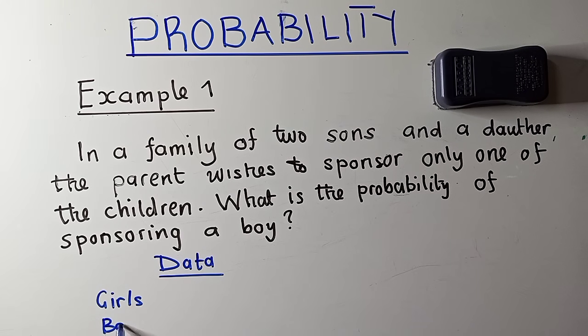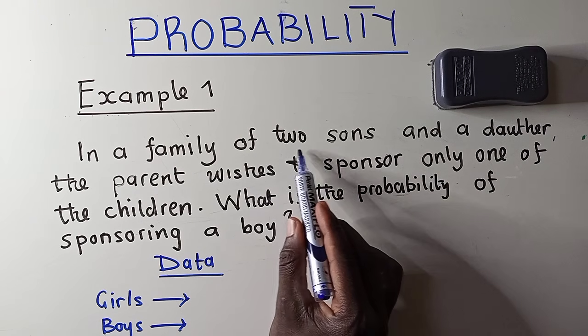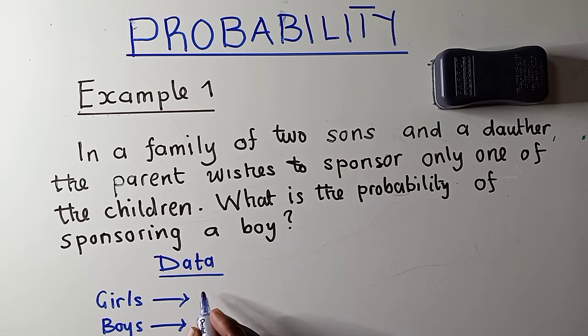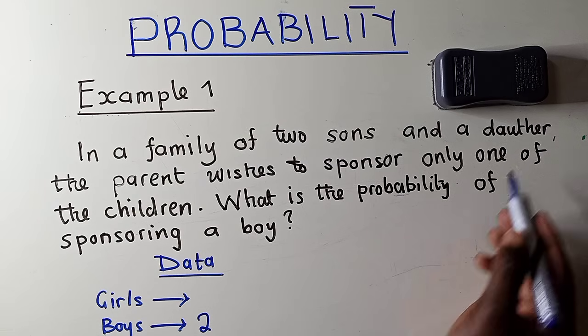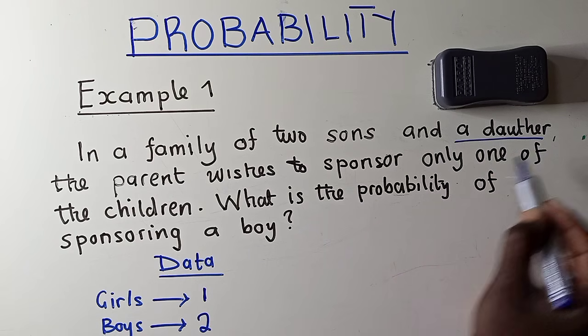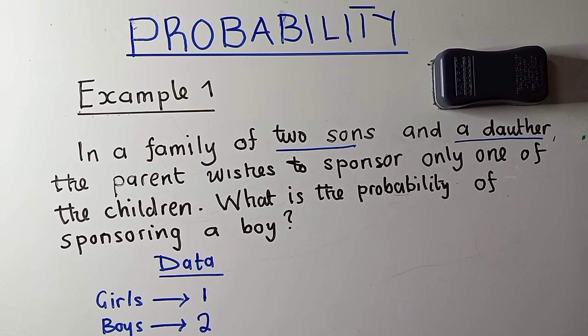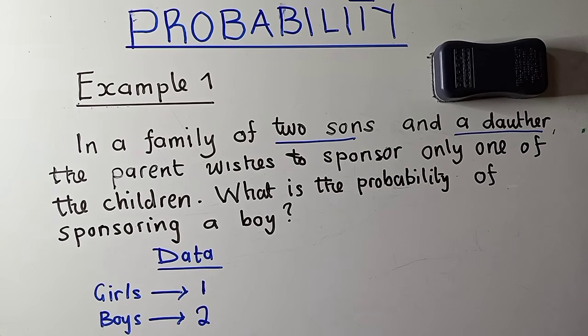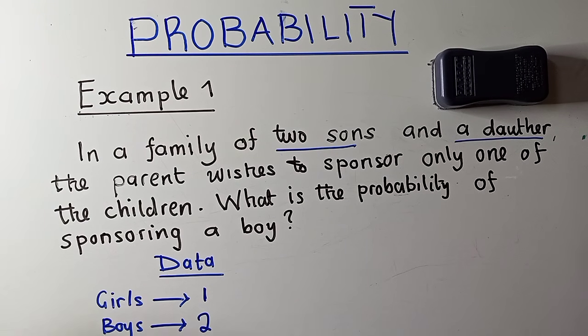How many boys are there? We have 2 sons, so boys, we know that it's 2. And then daughters, it's 1, because they said a daughter. A daughter, 2 sons. So that's how we collect data. Once we get that data, we now get the formula.